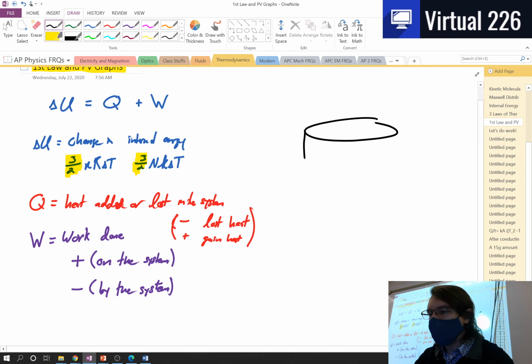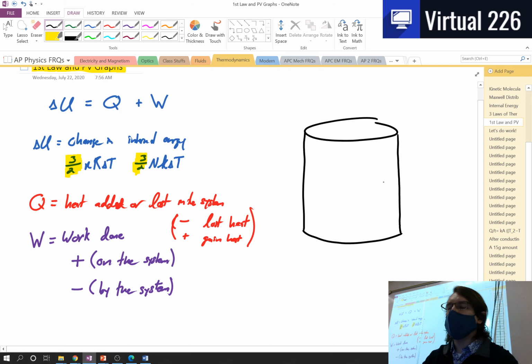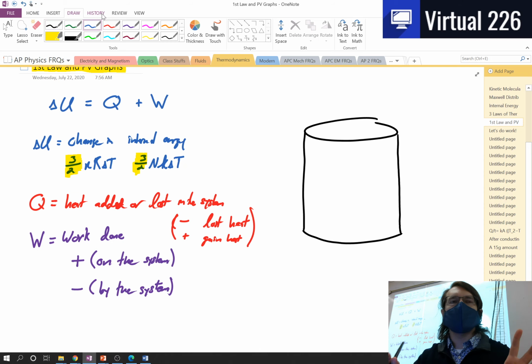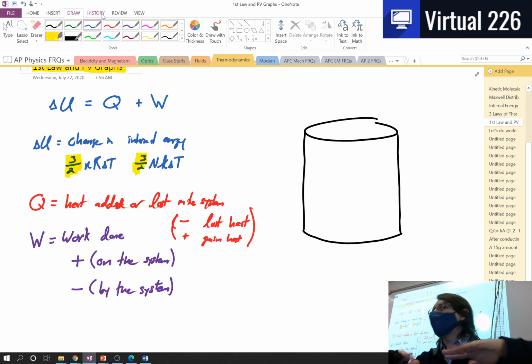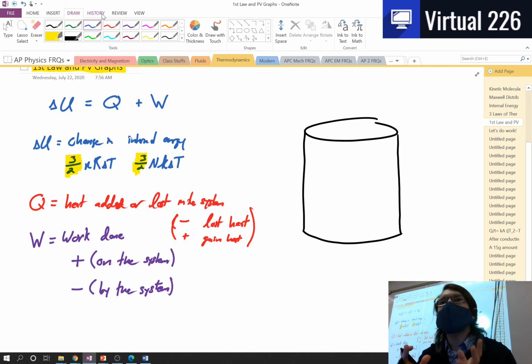We have a can here, or a barrel, whatever you'd like to call it. And let's put on the inside of it a floating lid. What I mean by a floating lid is that this lid is able to float up or down depending on the conditions of the inside of our container. So it's a floating lid.